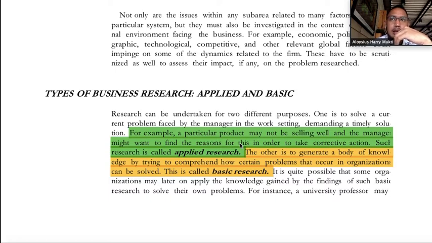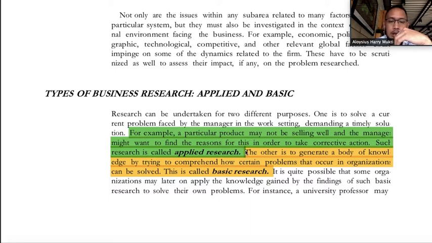We cannot apply the suggestion to the whole industry, because in applied research the data and specific information come from only one corporate. But it is different with basic research.